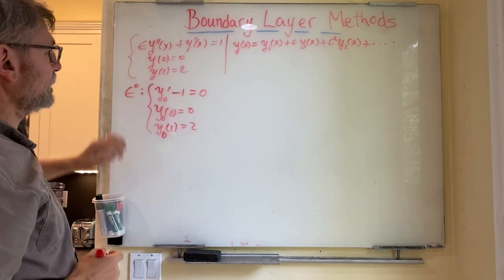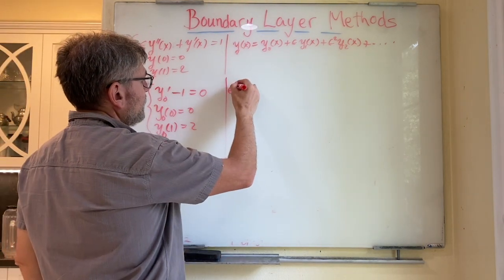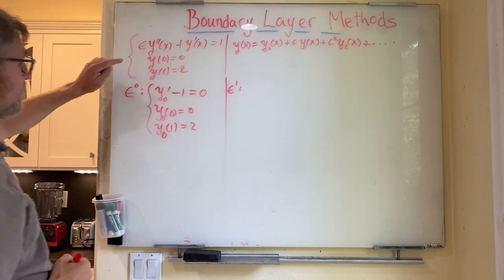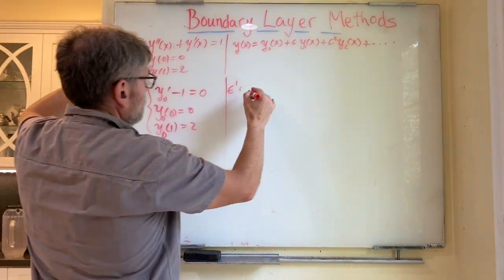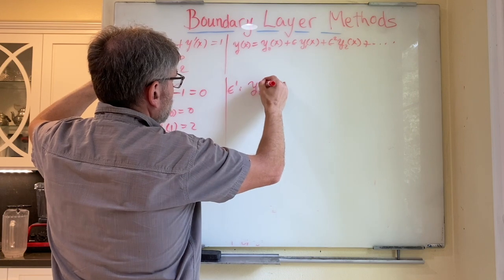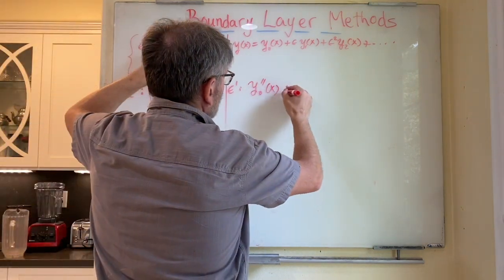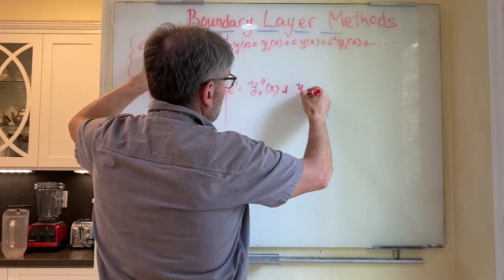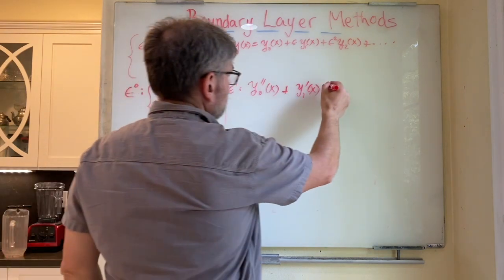And then we can collect the next order, epsilon to the power 1. And now we'll get the second derivative of y naught as a term times epsilon. So we'll have y naught double primed of x plus y1 primed of x equals 0.